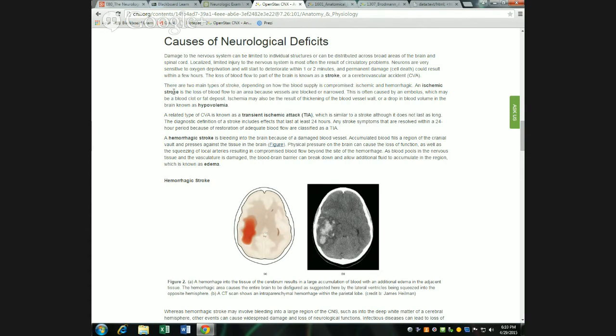So probably the most well-known version of that is a stroke, which means cerebrovascular accident. There's an ischemic stroke, which means that blood flow is restricted to an area. So the tissue stops getting oxygen and the tissue is going to die. And actually, without oxygen, central nervous system tissue will start to show signs of cell death within about 10 minutes.